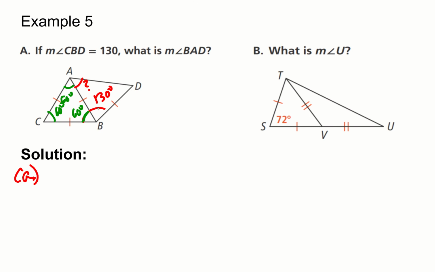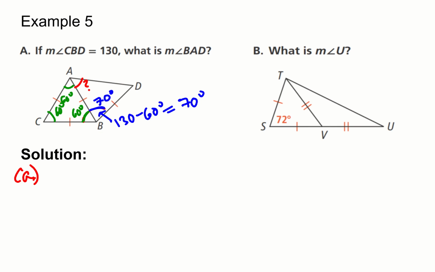And so that entire angle that's worth 130, this part has to be 130 minus 60, right? Because if those two angles have to add up to 130, you subtract, and that gives you the other angle. So now we know that this other angle is 70 degrees. I'm going to replace this with 70 degrees just for this blue part. So now I know that this blue part is 70. And so what is this red part? What is this question mark?